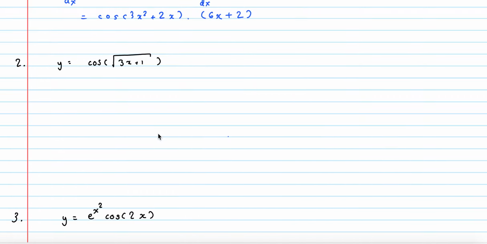This time, we have to find the derivative of y equal to cosine of the square root of 3x plus 1. Again, we have to use the chain rule. So here, the outer function is the cosine function. So when we differentiate the cosine, we get negative sine.